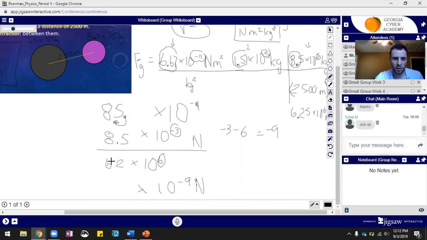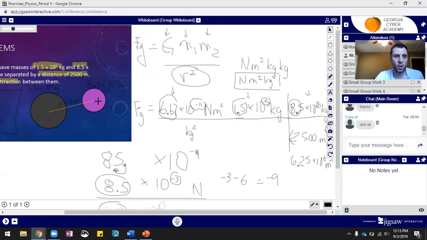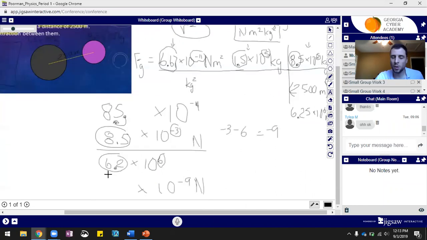So our answer is going to be something times 10 to the negative 9th newtons. For this part, we just have to take 8.5 and divide it by 6.2, just looking at the first numbers. And that gives us 1.37. But as you know, we started this problem with 2 significant figures, so our answer needs to be in 2 significant figures.